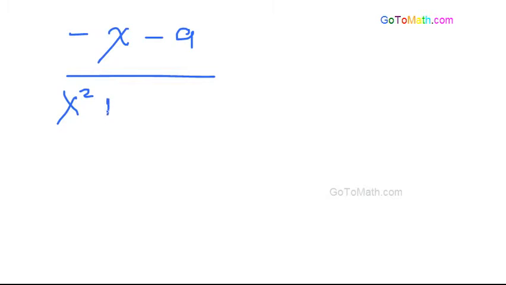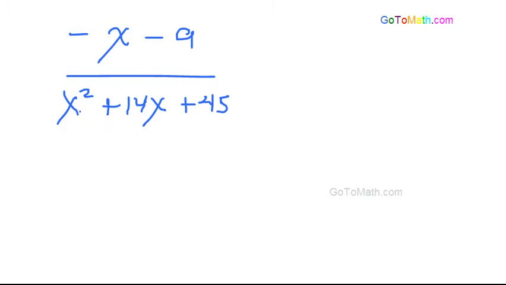Negative x minus 9 over x squared plus 14x plus 45.